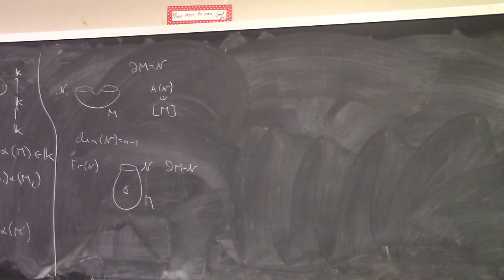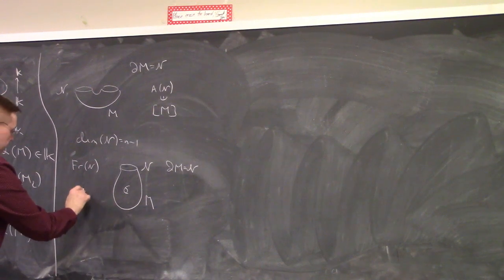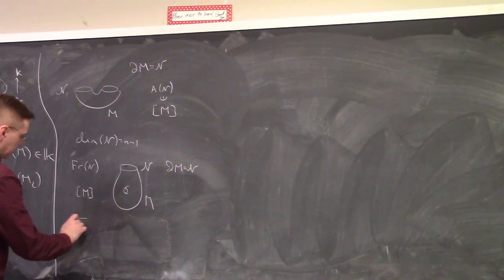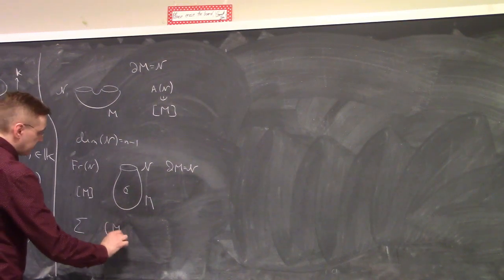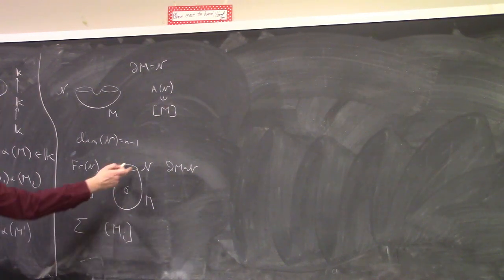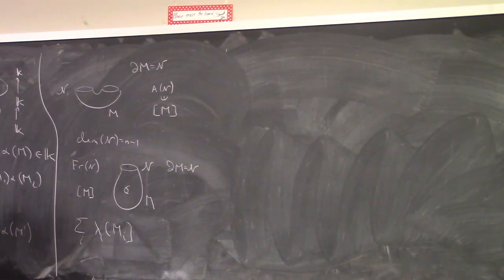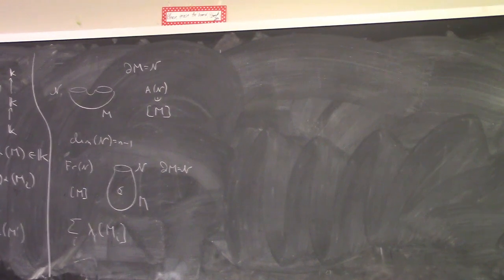Then bracket of M will be a basis element in this free vector space corresponding to n. So elements of this vector space are linear combinations, sum of m sub i, each m sub i having boundary n, with some coefficients lambda i. Finite linear combinations, formal linear combinations.